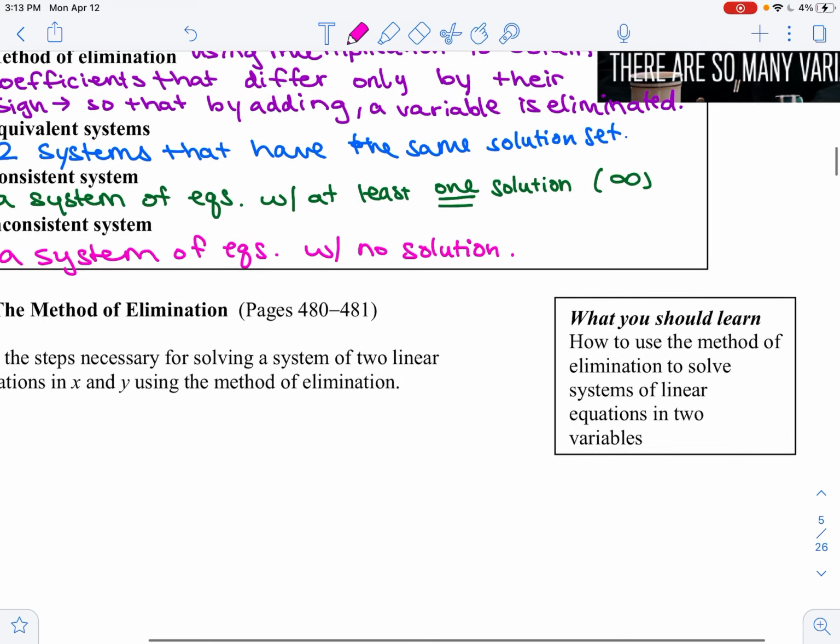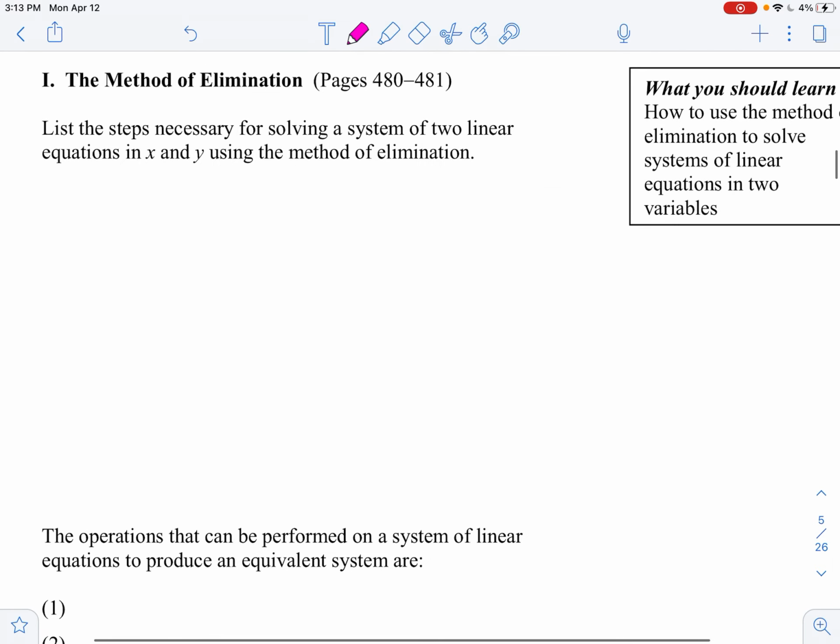Now let's start to break down some of the methods. So the method of elimination, we're going to list the steps necessary.